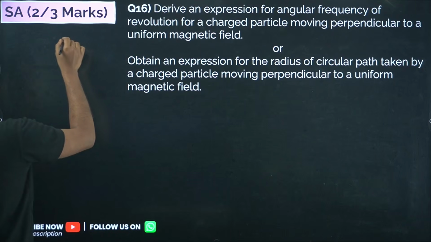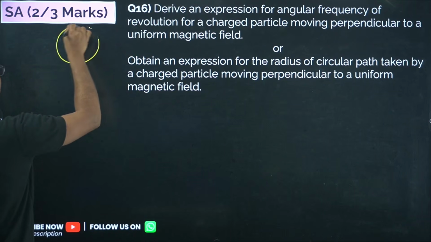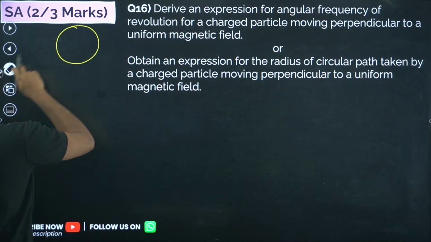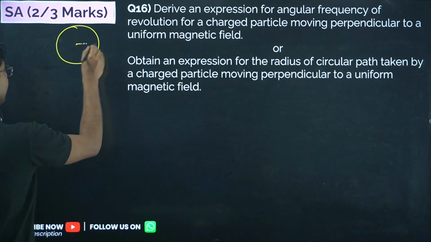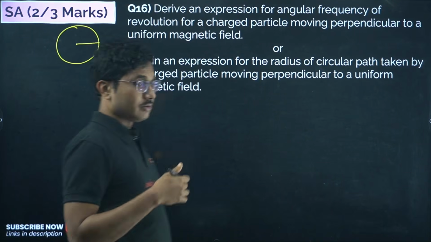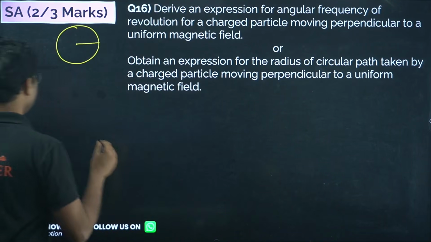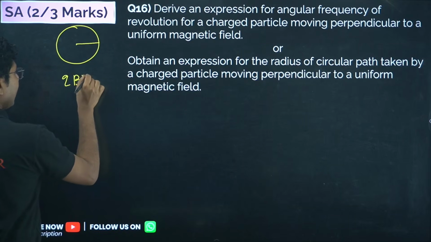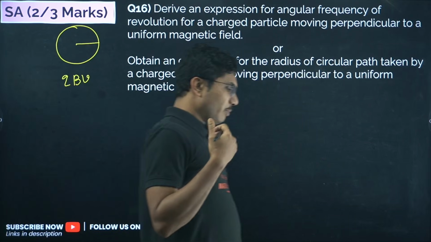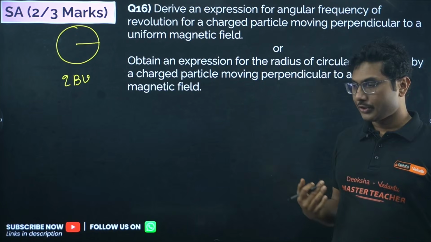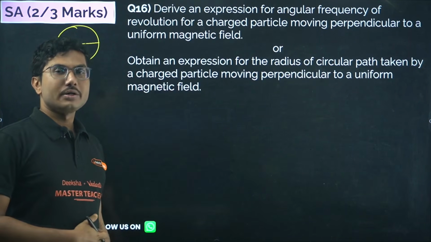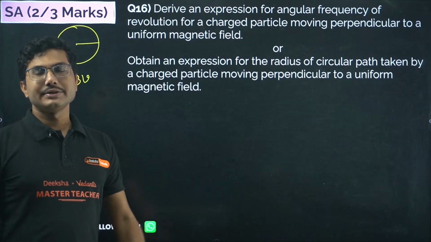Now, when a charged particle is moving in a circular path, actually only one force is acting, which is the Lorentz force, that is QVB. To maintain its circular motion, this Lorentz force has to supply the required centripetal force.